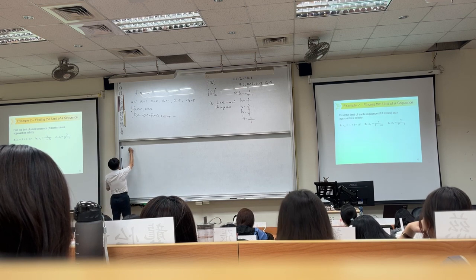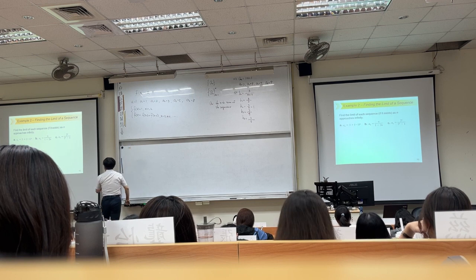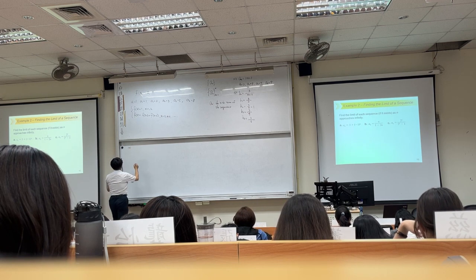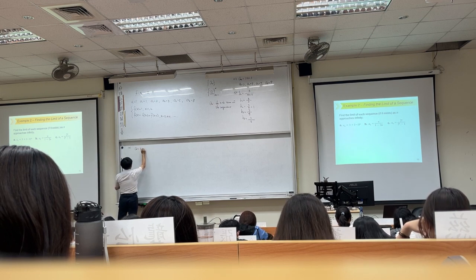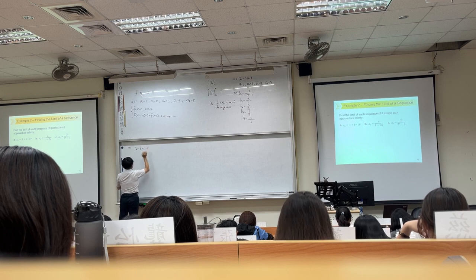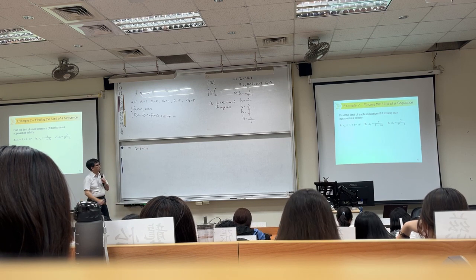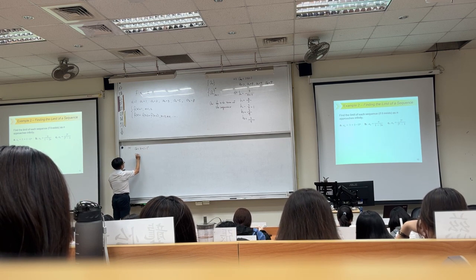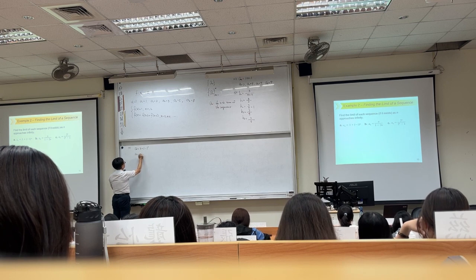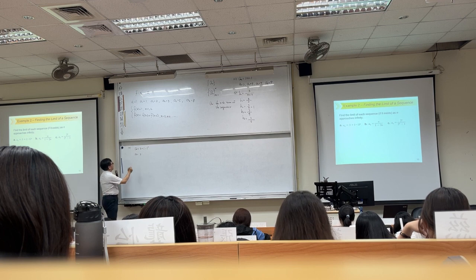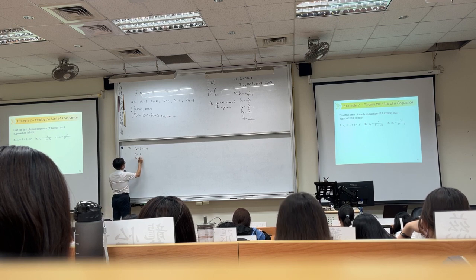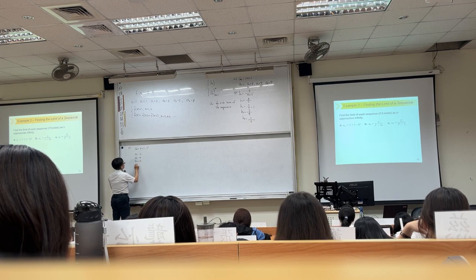a_n is equal to 3 plus (-1)^n. For this one, for instance, a1 equal to what? a1 equal to 2, because 3 plus minus 1 is 2. And a2 is 4. a3 is 2.